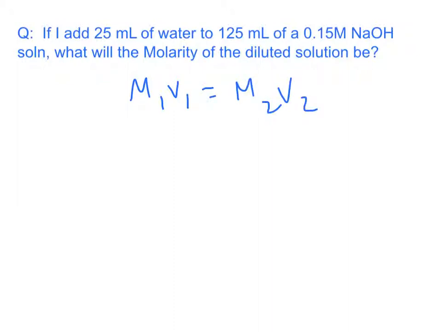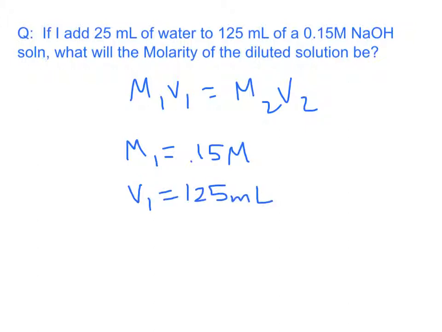In this case, the first molarity I see is 0.15 molar, so I'm going to make it M1, and it looks like we have 125 milliliters of that. M2, we have no idea what that's going to be yet. Now here's the tricky part. The volume of the new solution is not 125, it's not 25, but it's the 125 plus the 25. So the amount of the new solution that we have is 150 milliliters.